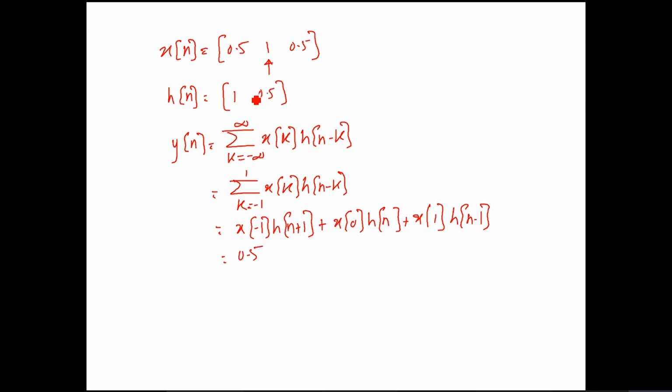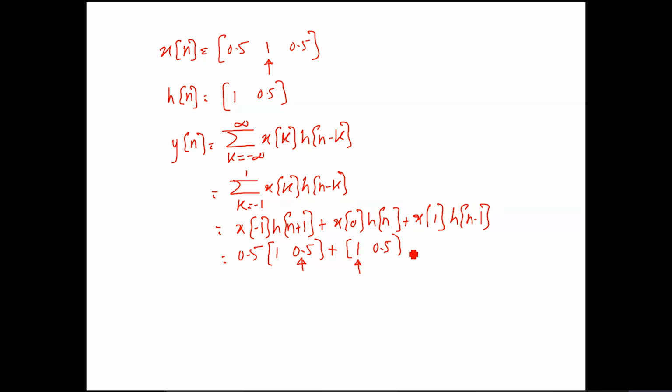This x of -1 is 0.5, and h of n plus 1 will be h of n shifted left by 1 unit. So this will be the same 1 and 0.5, but shifted left, which means the first index will be -1 and the arrowhead will come right here. Plus x of 0, which is 1, into 1 and 0.5 with the arrowhead, although we don't require it.